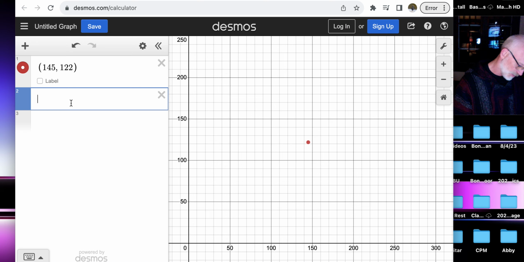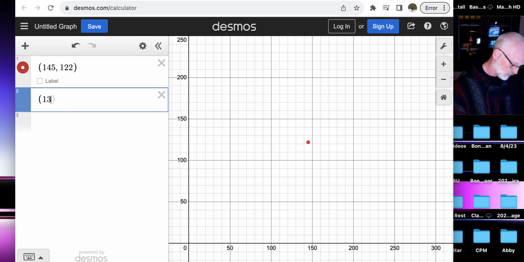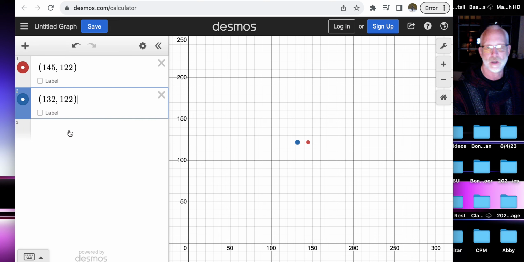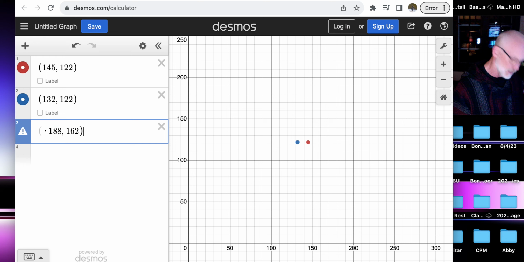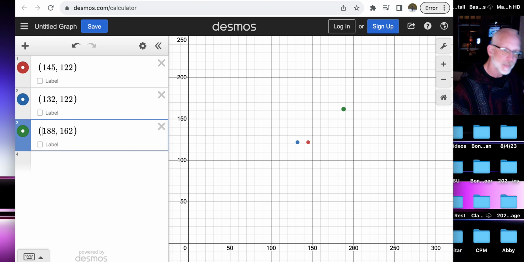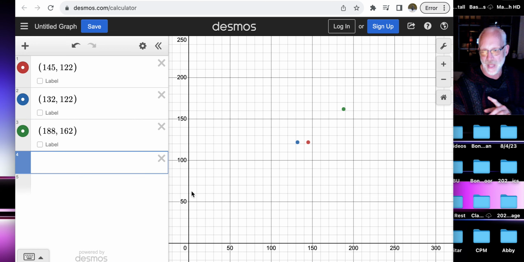And let's say we had another person that had a height of 132, comma, and they had a reach of 122. Okay. And then we had another person that had a height of 188, and they had a reach of 162. Made a little mistake back here. And we see a point. And so we're just going to keep putting points and points and points. And then we want to see, can we find a line that's going to trend all of these points?